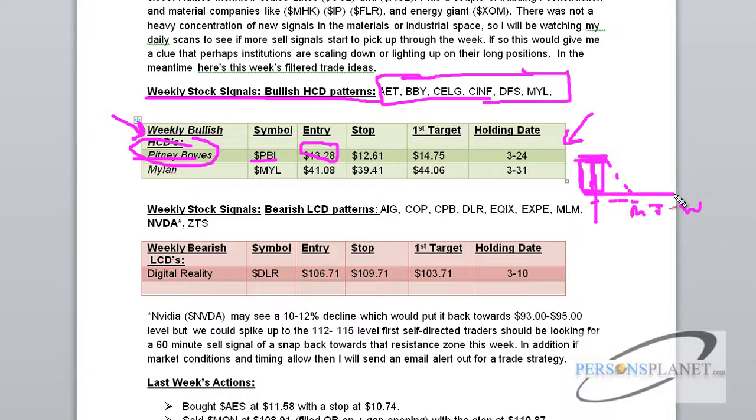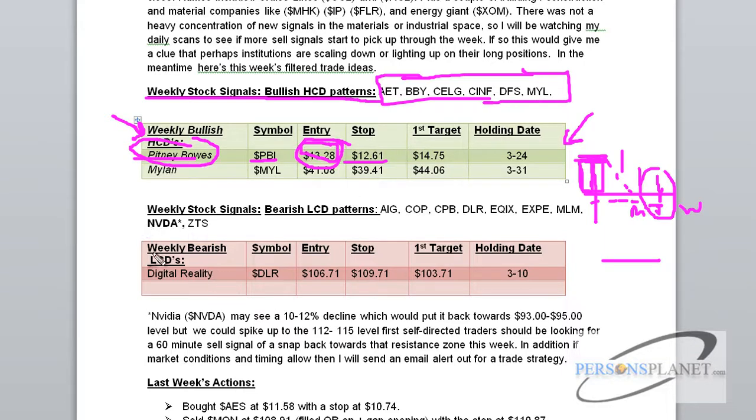I'm placing an open order to buy at 13.28 with an open order sell stop at 12.61. If the market Monday almost gets there, Tuesday almost gets there, I get filled on Wednesday, I have my stop working, and then the trade is triggered. So this is a proactive way of looking at a trade.